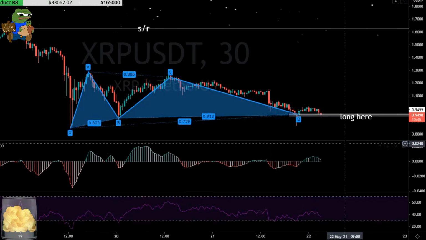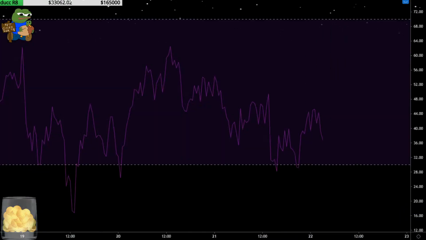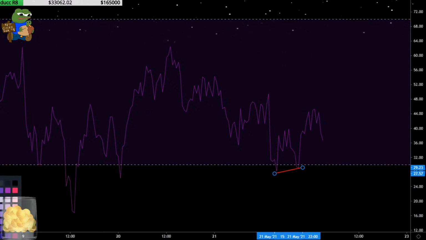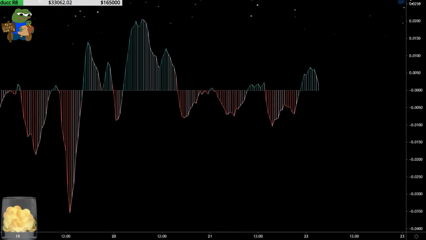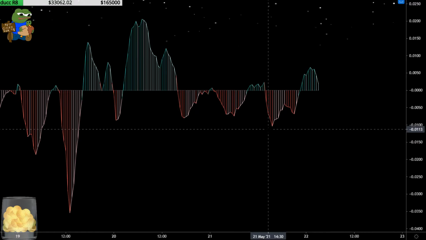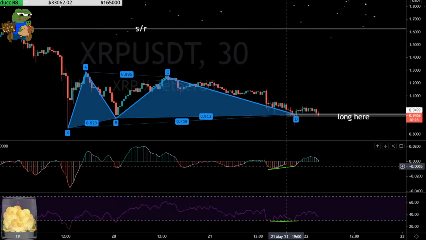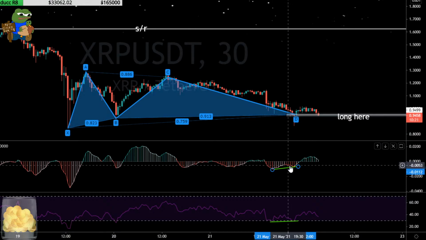So looking at the oscillators now, let's check out the RSI first. And we did have a decent amount of bullish divergence that developed on the RSI. Same thing on the MACD, right? So we had this on this momentum indicator, lower levels of negative momentum.